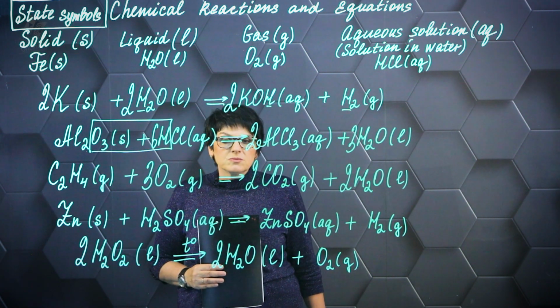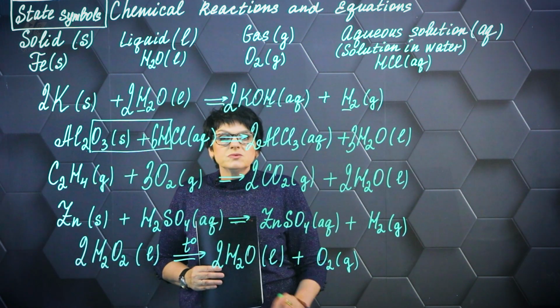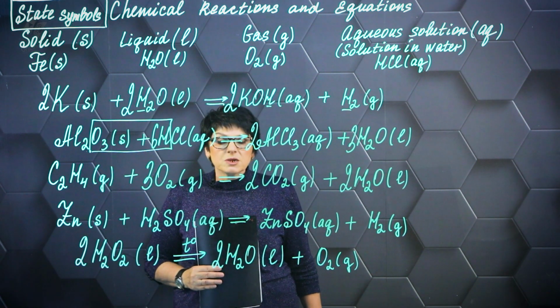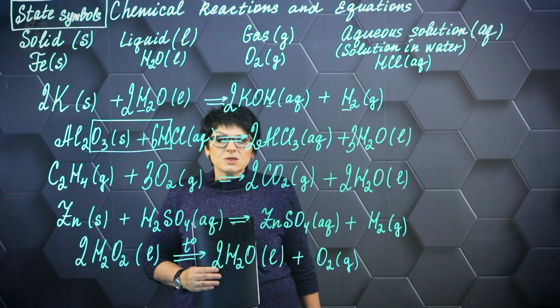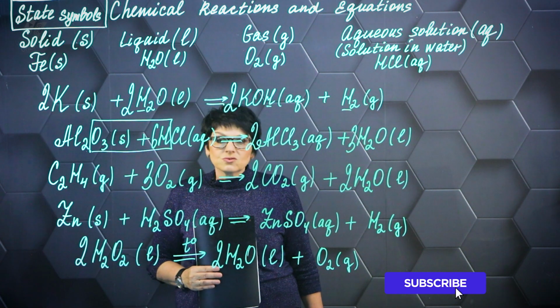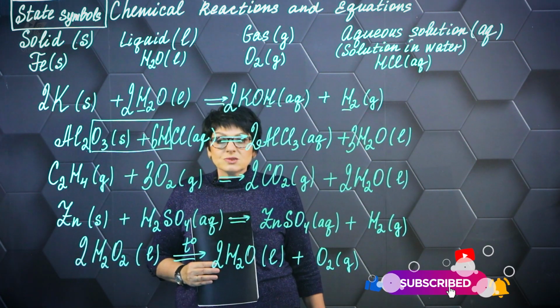Indicating them behind substance formulas won't be an issue as shown in these examples. Here we are again, figuring out coefficients in reaction equations together. Hope that's clear too. That's all for today. Goodbye.